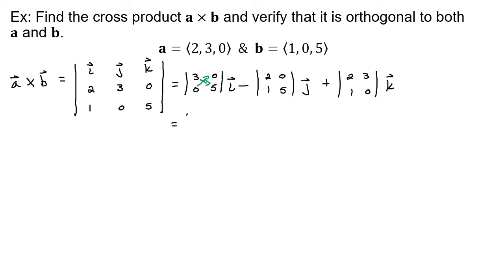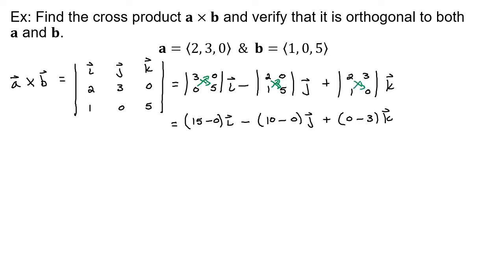And so this would be 15 minus 0 on the I, this would be 10 minus 0 on the J, and this would be 0 minus 3 on the K. So it's always top left to bottom right minus bottom left to top right.